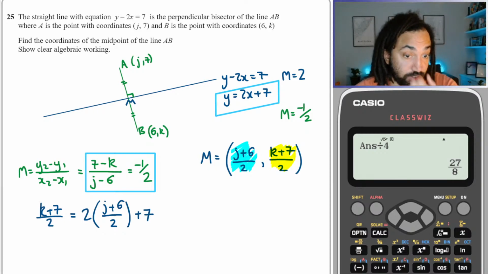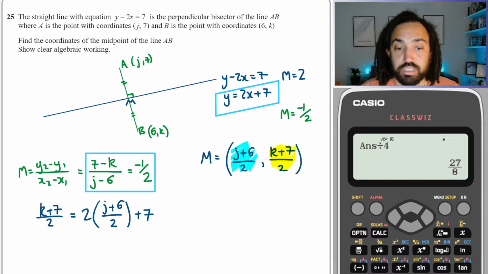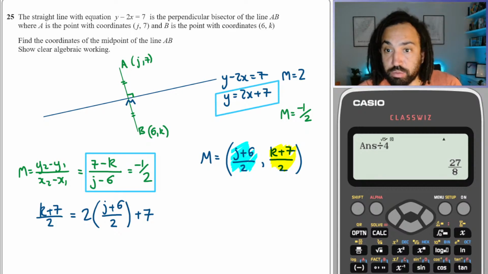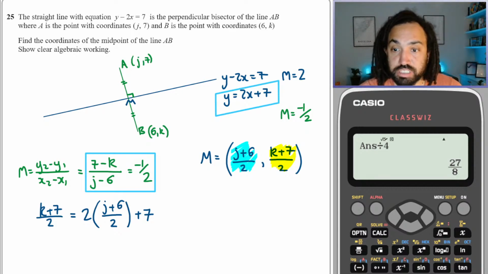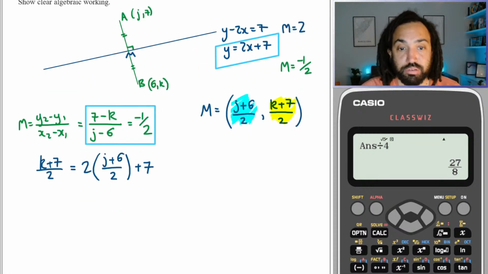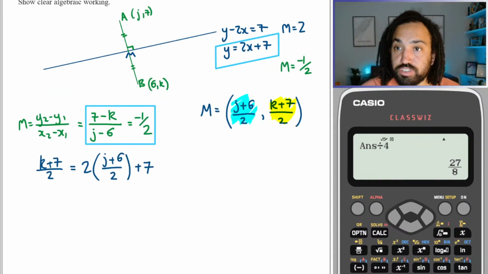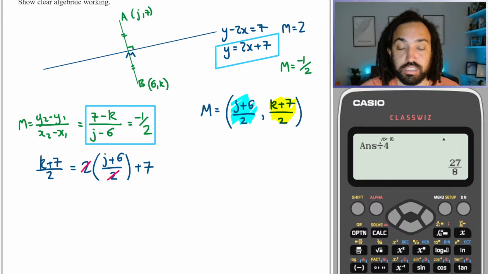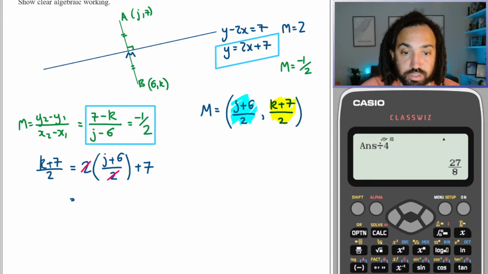And there we have another equation, because once again the y coordinate is equal to 2 times the x coordinate plus 7, because the midpoint is on that line. Okay, now we've just got to solve them. So the first thing I could do is we're timesing by 2 and dividing by 2 there. So I can simplify that. So this side of the equation becomes j plus 6 plus 7 is j plus 13.